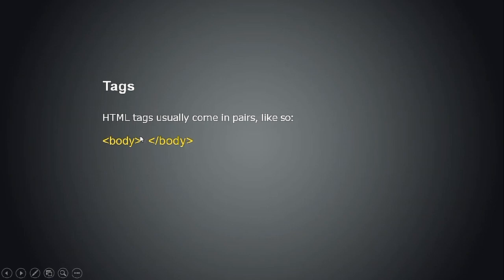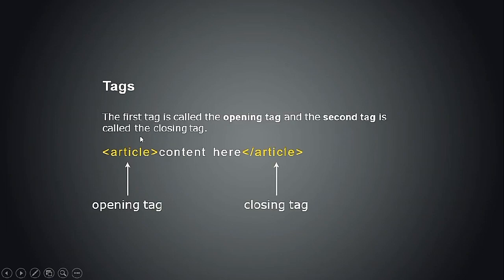That means they are available in opening and closing tags, which means this first body tag is the opening tag and this tag consisting of a backslash is the closing tag. As I've already said before about the opening tag and closing tag, this is the example for that.